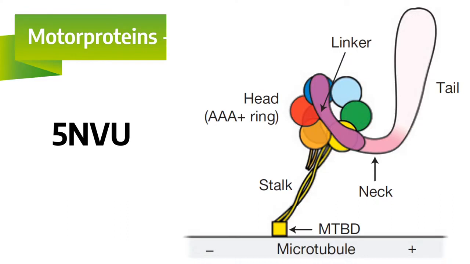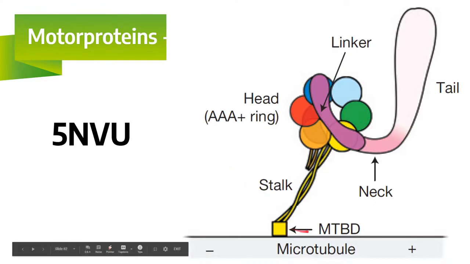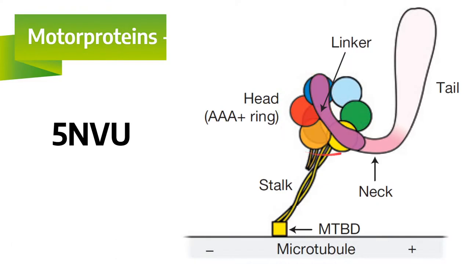So their idea of the protein was basically, well, instead of foot, they called it microtubule binding. They called it not a leg, they called it a stalk. Then they have the head part, or what we call the body part, with 6 different units. They have a linker part, right, which is the one that sticks out. And actually the neck and the tail we didn't see in our model. So very well done.